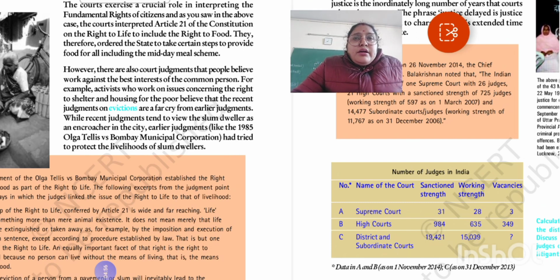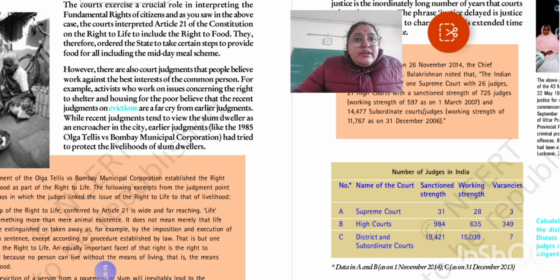But in the past few years, we have seen that there are also court judgments that people believe work against the best interest of the common person. It is believed that recent judges tend to view the slum dweller as an encroacher in the city.